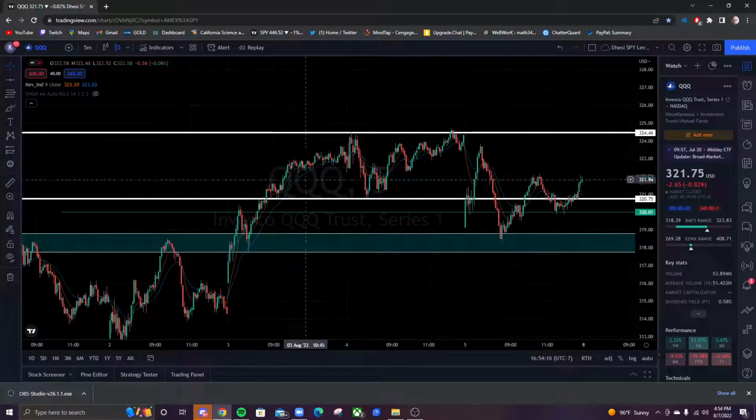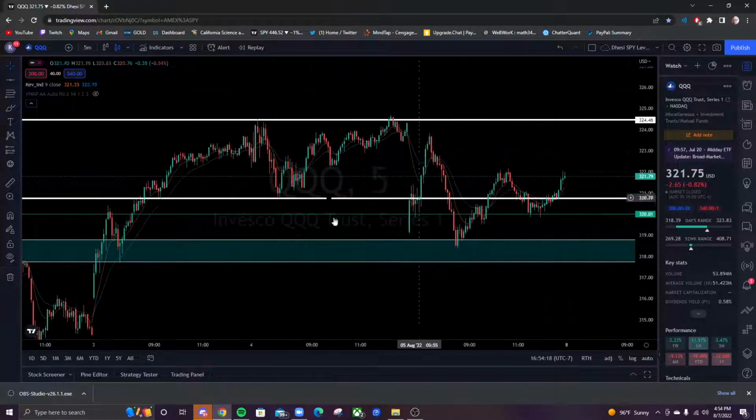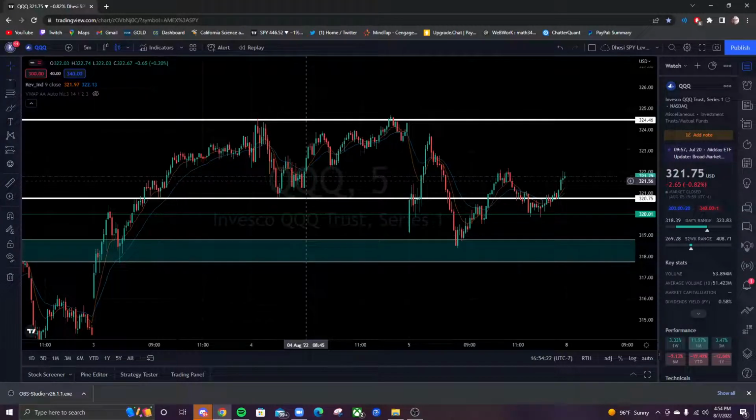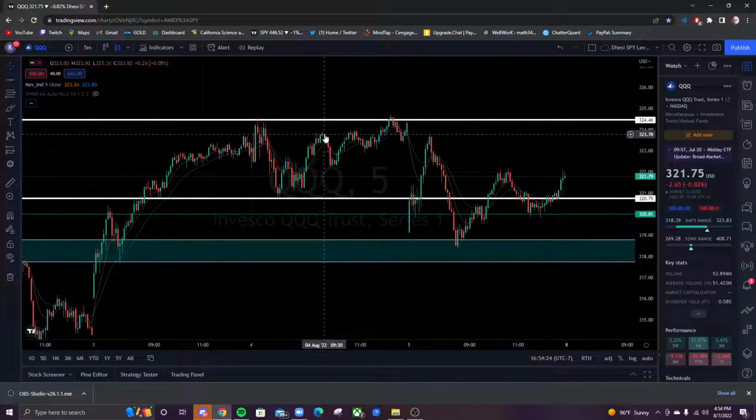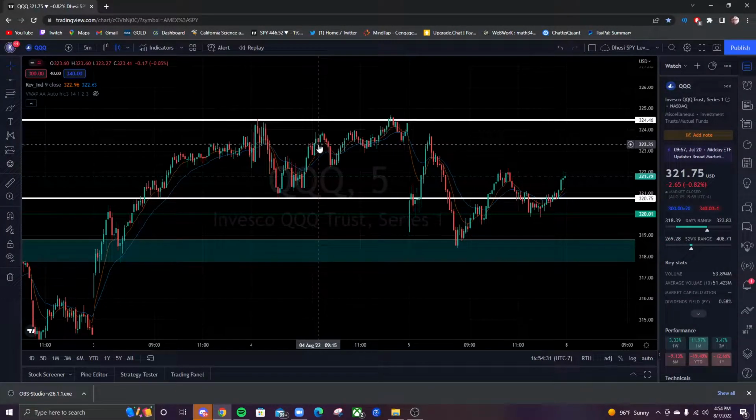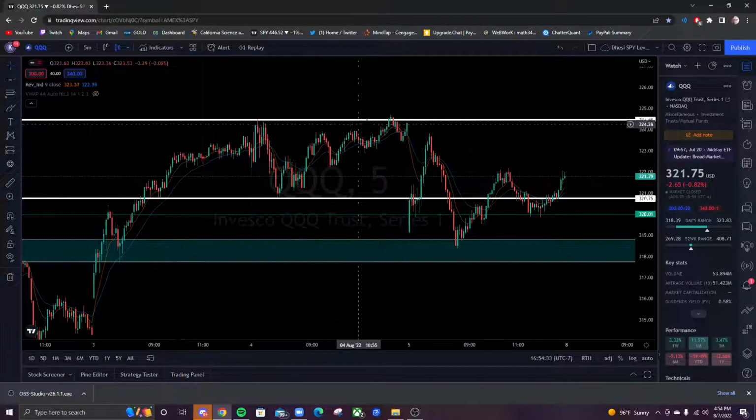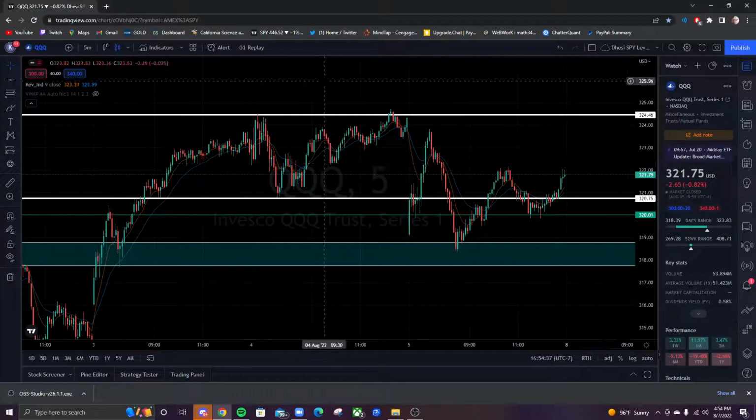We tweezered and we pushed up to the upside. And once again, we came back to this level and we tweezered again, and we pushed up to the upside. And what did we do right here? We rejected around the same level as this 324.50 level, about 50 cents off. So now I'm looking at this as a possible zone that could be built for buyers who need to break through and where sellers are really stepping in strong here.